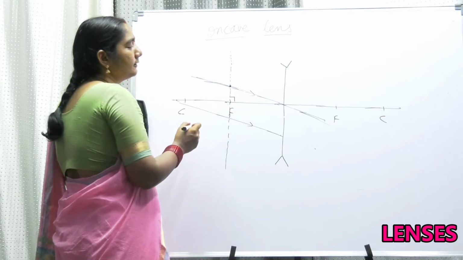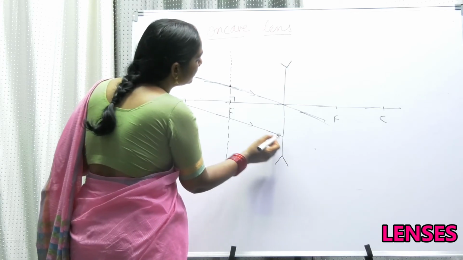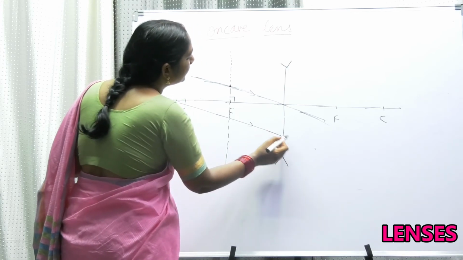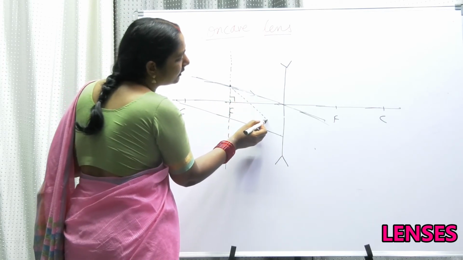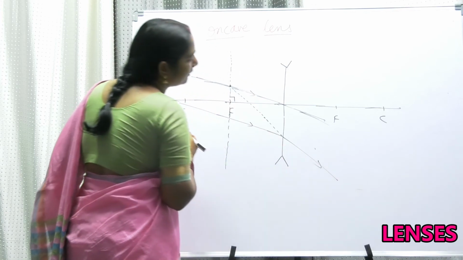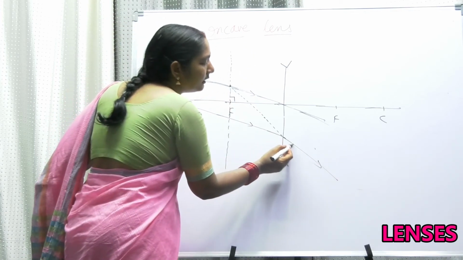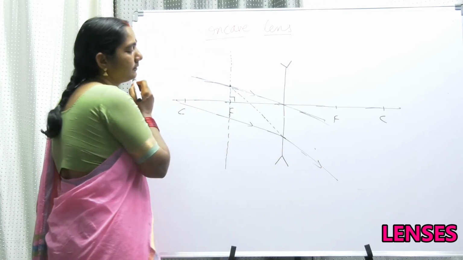We want this point. Now how much deviation must you give? If you just produce this line from here, this line which you are deviating appears as if it is coming from this point.